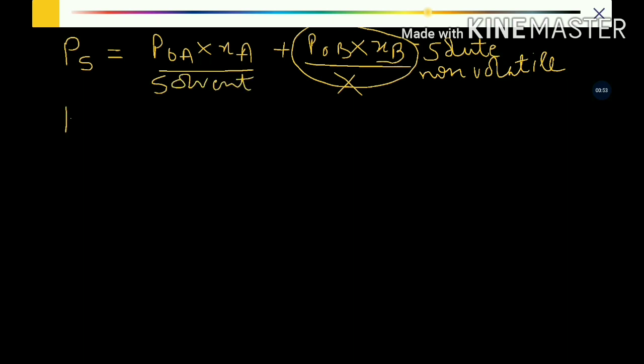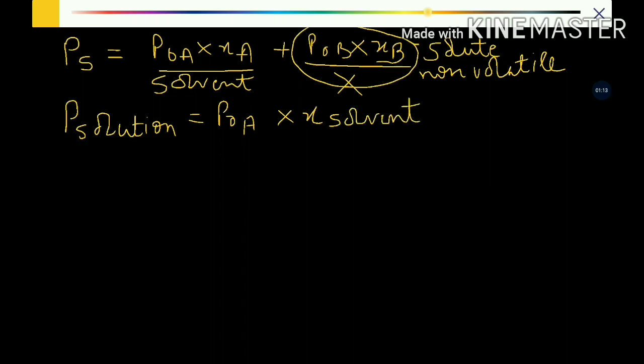That means when we add a non-volatile solute to a volatile solvent, the vapor pressure of the solution is equal to P naught, the pure vapor pressure of the solvent component, into the mole fraction of the solvent component. So I can write it like this also: PS, the solution vapor pressure, divided by P naught A is equal to the mole fraction of solvent.